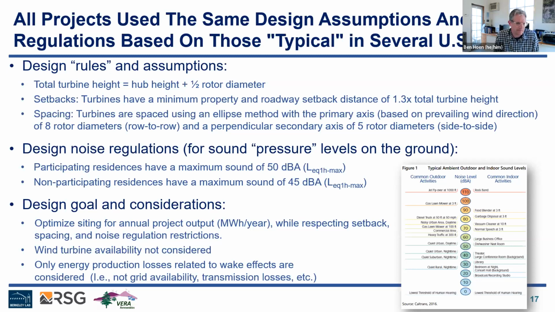Unless others want to venture a guess at how, for example, a profit maximization strategy for siting would be slightly different in terms of our results for annual project output maximization. Yeah, Ben, I think you covered it well. A developer siting a project is going to be optimizing across many variables, probably not just annual energy output.